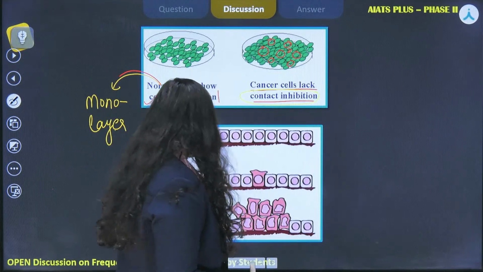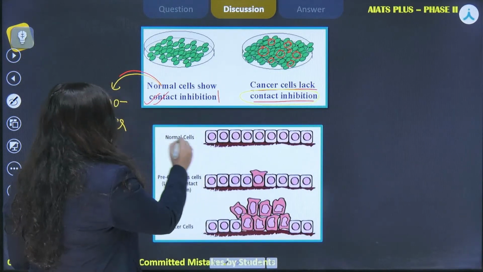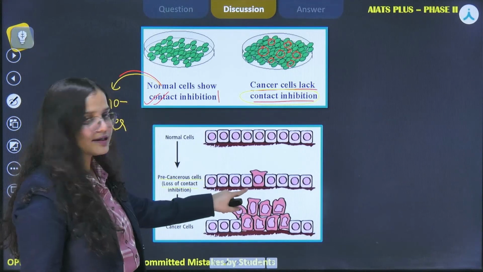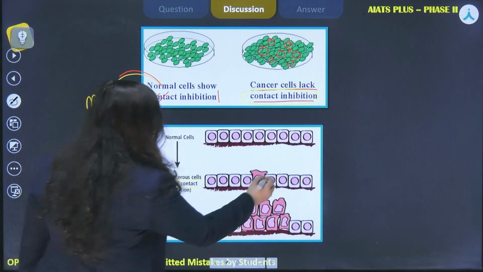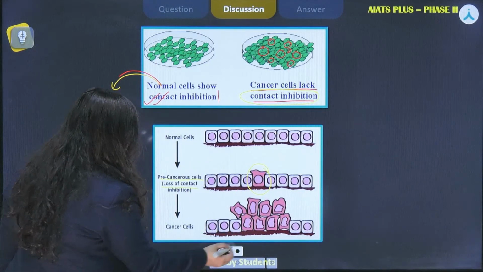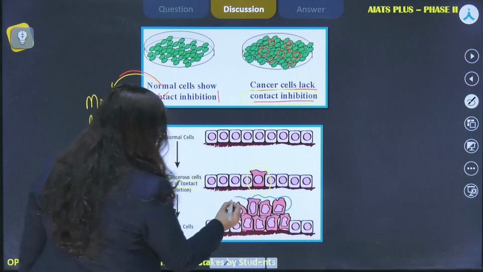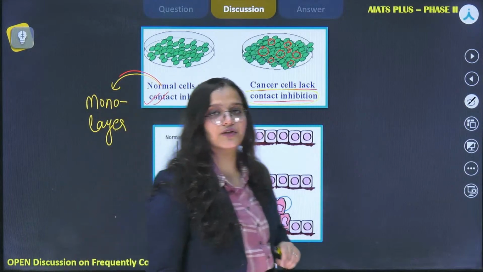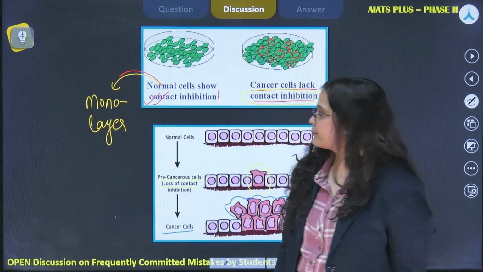Then further we can see that here we have a normal cell and a precancerous cell, where a cell has lost its property of contact inhibition and now it is dividing in an uncontrolled manner, and it can give rise to a tumor cell.